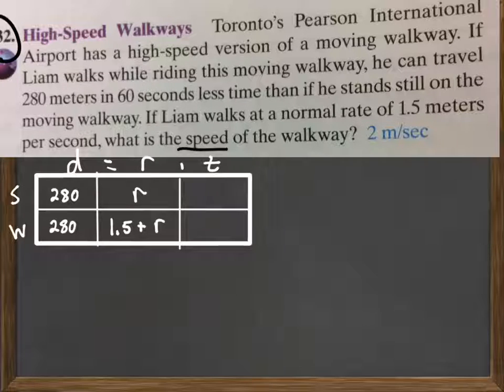Now, just like we did in the previous problem, I'm going to solve to get expressions for time. Taking both of those equations and solving for time, you get 280 over r and then 280 over r plus 1.5. Now the relationship with time is what we're going to use.